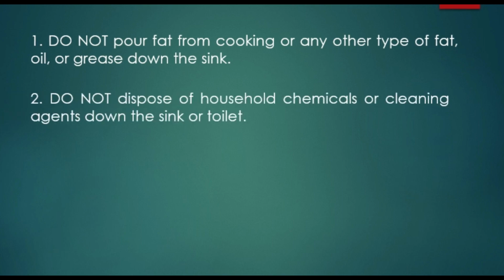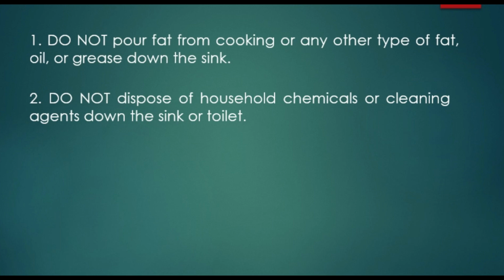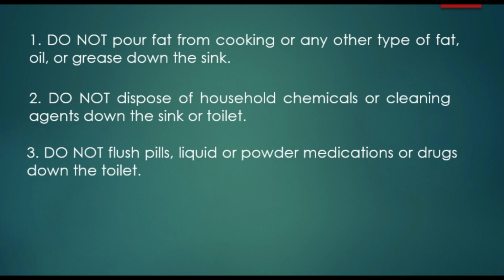Do not dispose of household chemicals or cleaning agents down the sink or toilet. We should not put any chemical substances or cleaning agents into the toilet or sink. Do not flush pills, liquids or powder medications or drugs down the toilet.